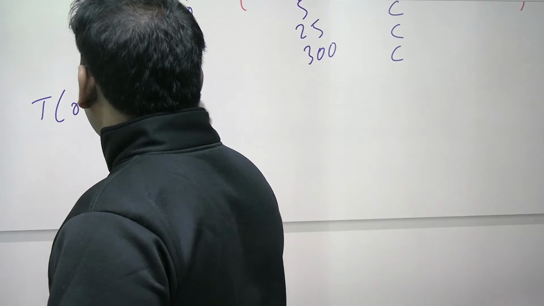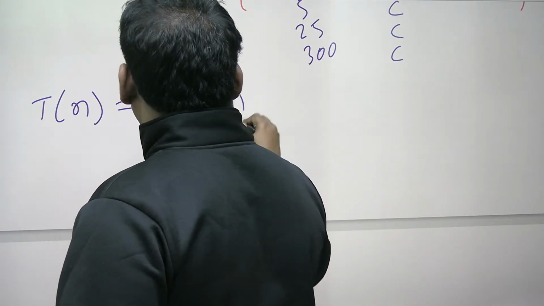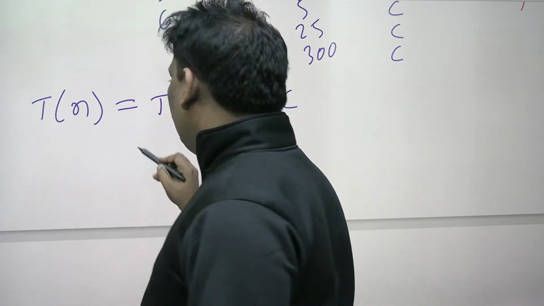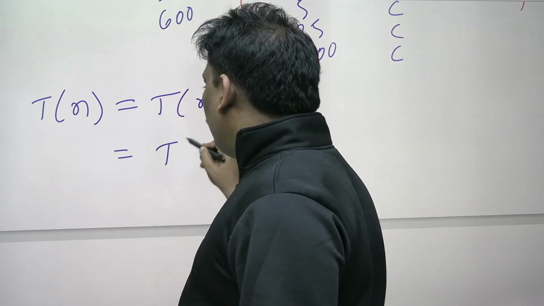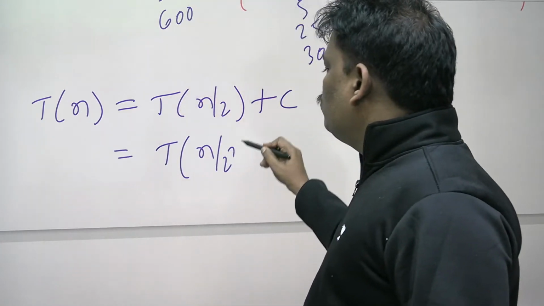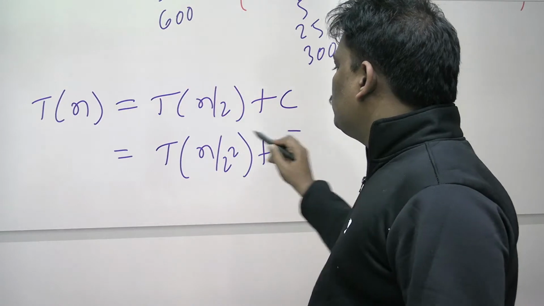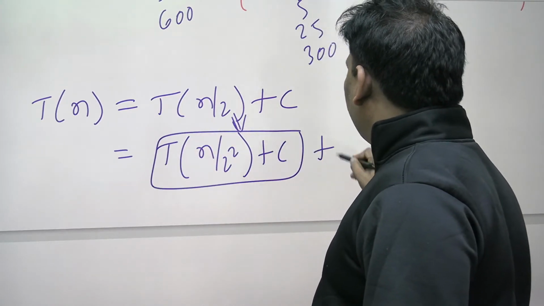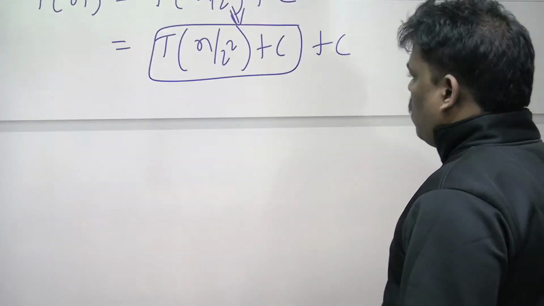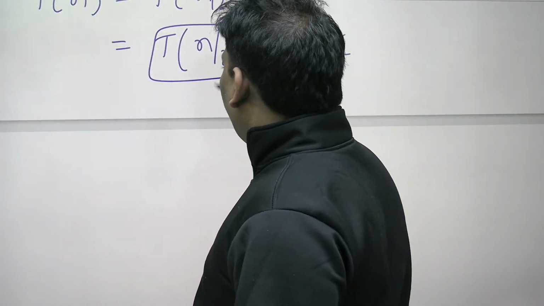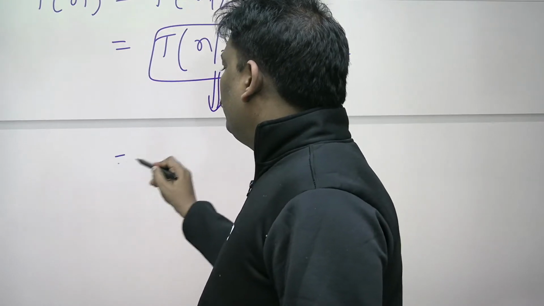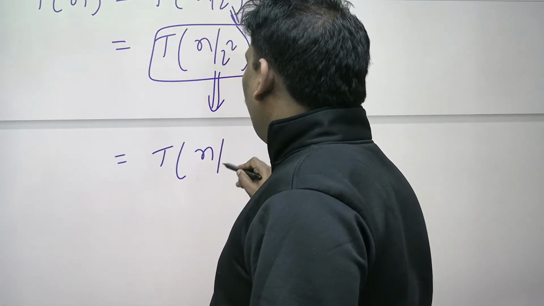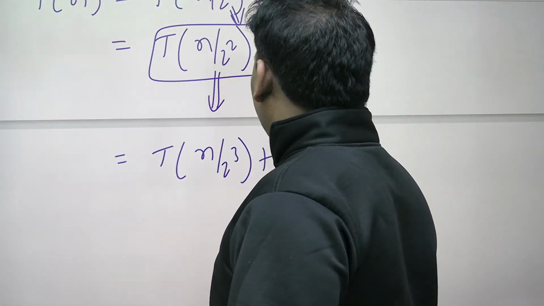T of n is equal to T of n by 2 plus c, which can again, one more time, be T of n by 2 square plus c plus c. Next one, if I go one more time, T of n by 2 cube plus c.